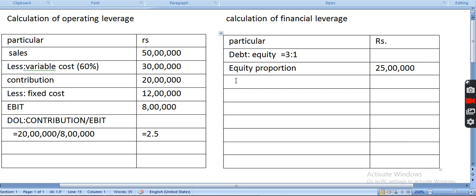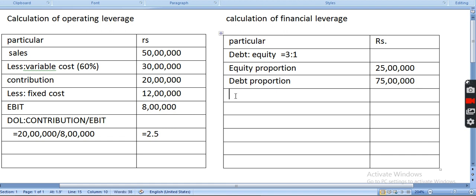On the basis of proportion 3:1, if equity is 25 lakh rupees, then debt proportion is 75 lakh rupees.